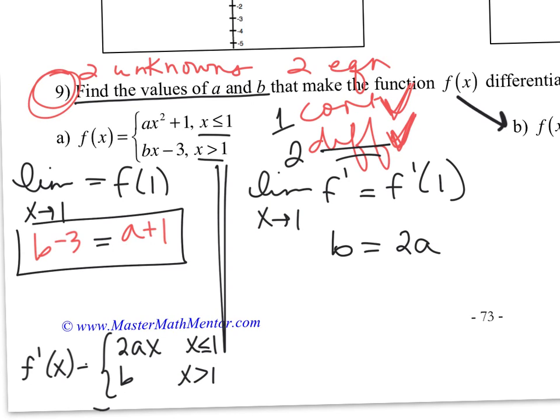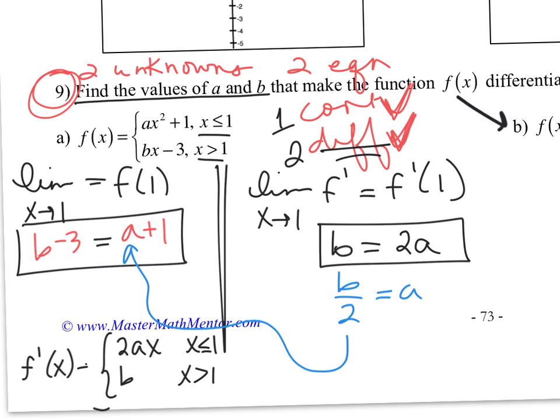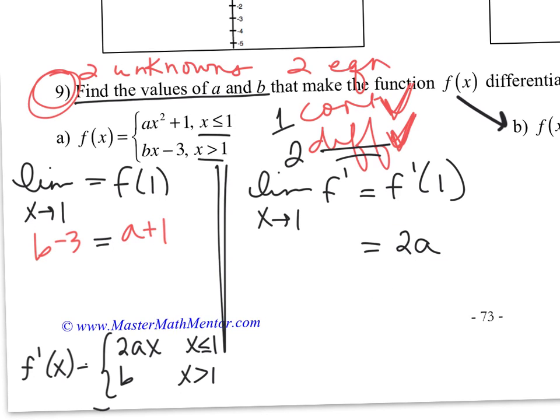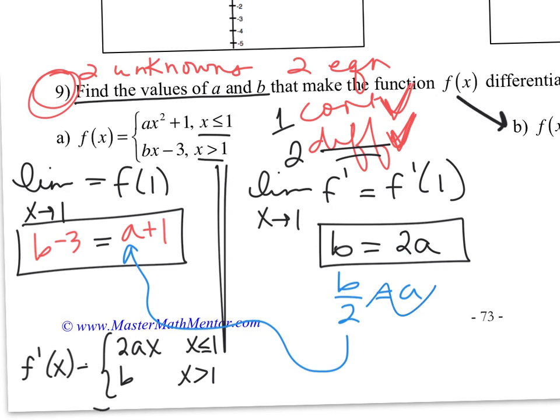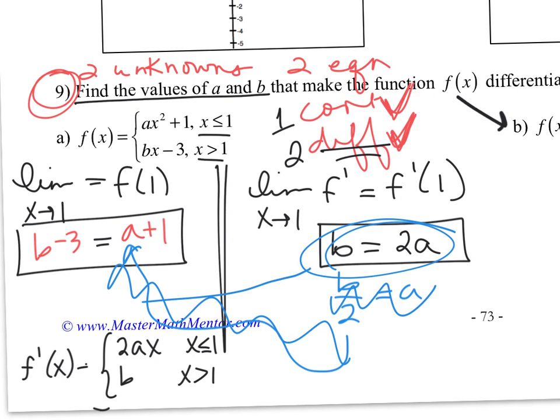Now I have two equations that are true, so it's easy to solve by substitution. B is equal to 2a, so why don't we just put that right in there?